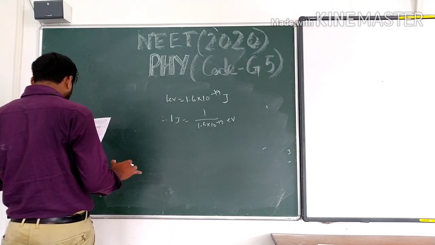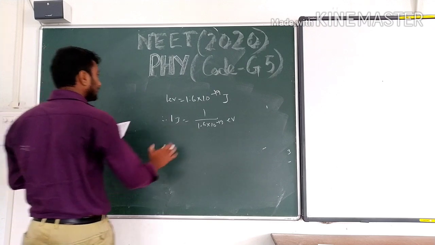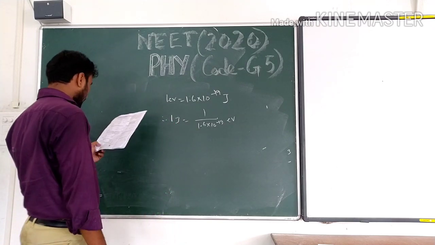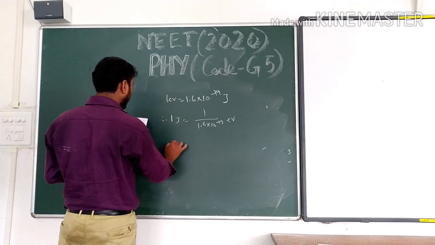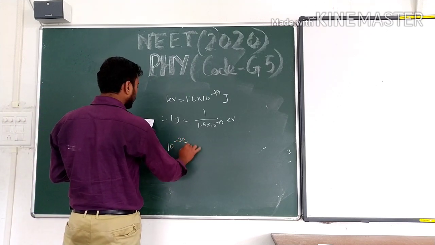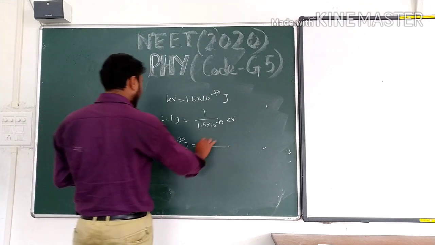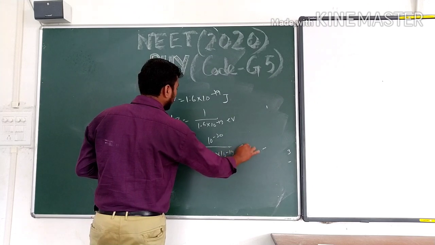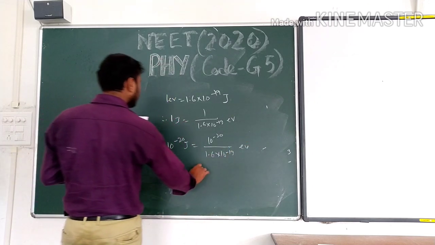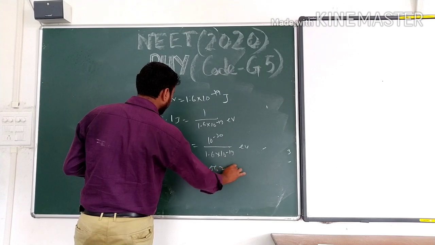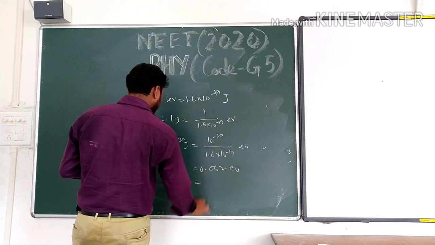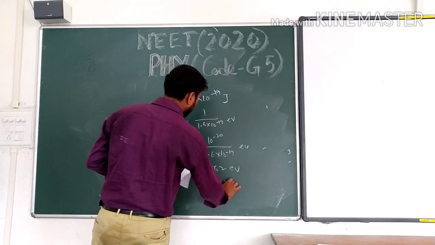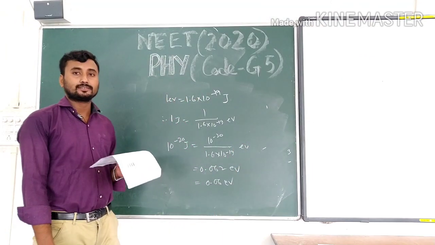Therefore, 10 to the power minus 20 joule will be 10 to the power minus 20 divided by 1.6 into 10 to the power minus 19 electron volt. It will be 0.06 electron volt. Option 2 is correct.